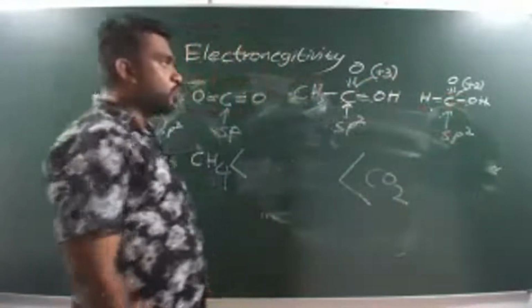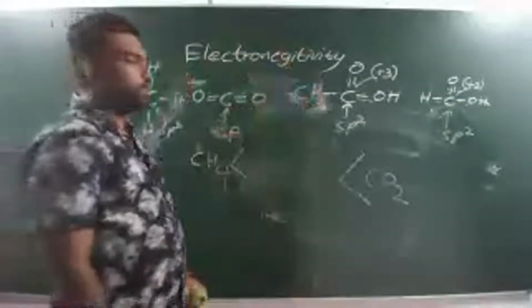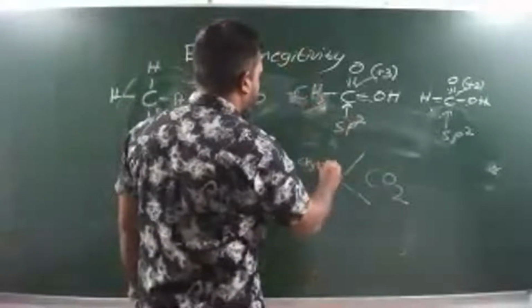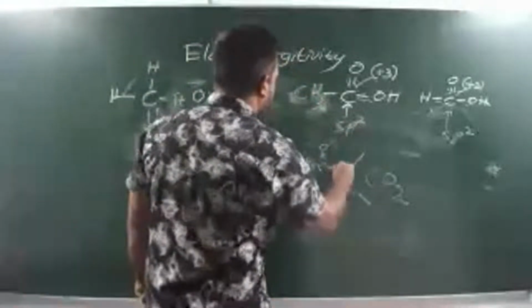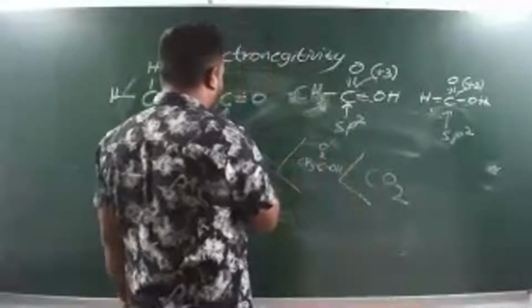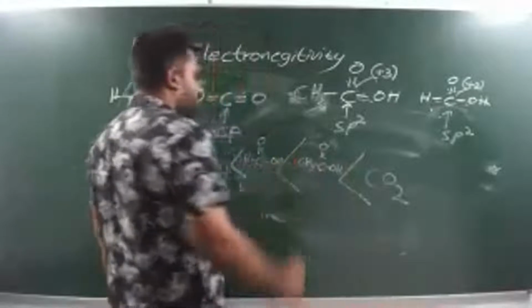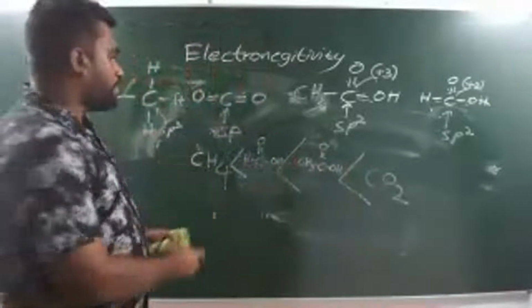So greater the oxidation number, greater the electronegativity. So CH3COH comes here, acetic acid comes here, and formic acid comes here.